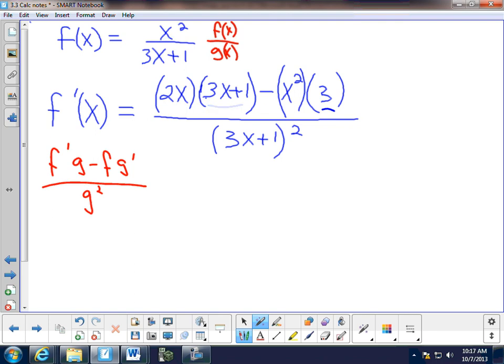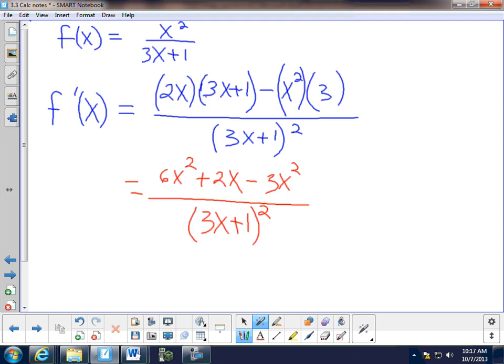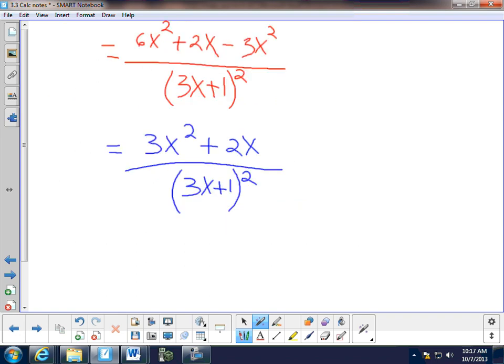All over the denominator squared. I will always want you to simplify if you can. So FOIL, well, distribute, and simplify. That's it.